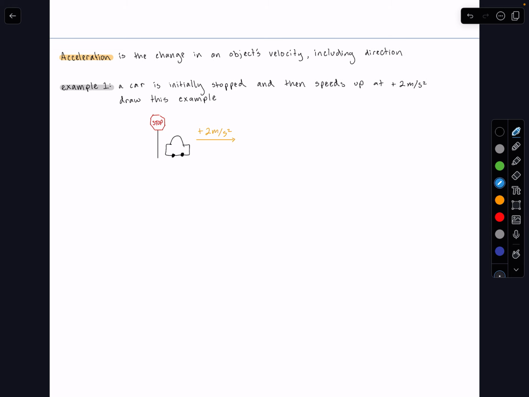And a visualization of this is when it's at the stop sign, or right by the stop sign, it's at 0 meters per second. But then, after 1 second of time has passed, let me get the other color, I usually use pink for time.